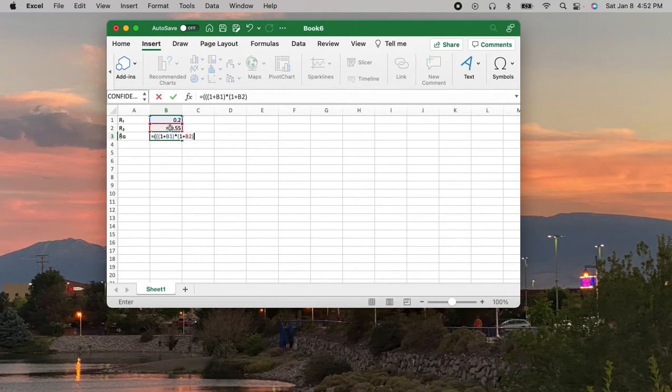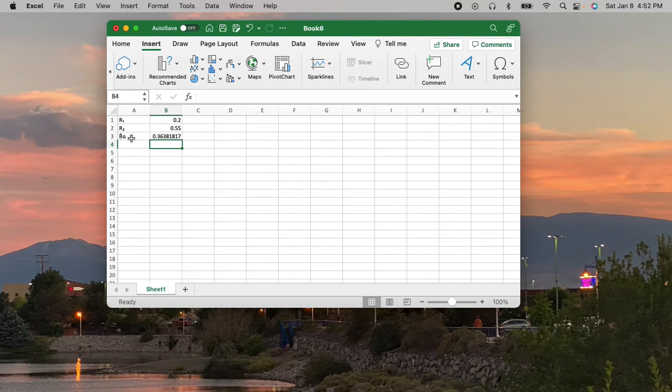Now I close the parentheses of that, and I am going to raise it to 1 divided by n. In our case, we only have 2 observations, year 1 and year 2. So 1 divided by 2 equals 0.5. Then I'm going to close one more parenthesis and subtract 1, and that gives us our result.